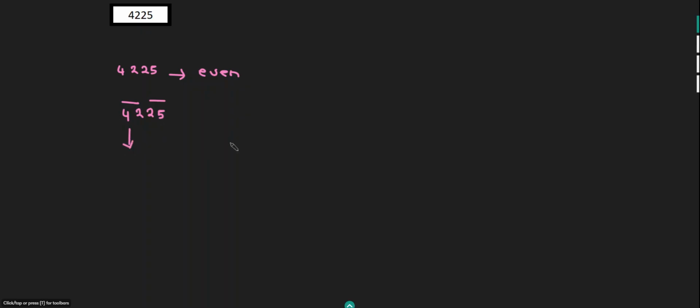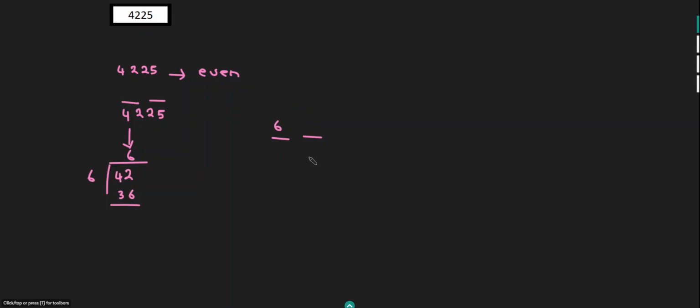We first find the first digit of our answer. For that, we take the first bar number, which is 42, and determine the number whose square is less than or equal to 42. Clearly, it's going to be 6, because 6 squared is 36, and this is less than 42. And so the first digit of our answer is 6.